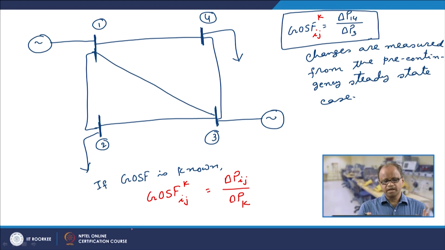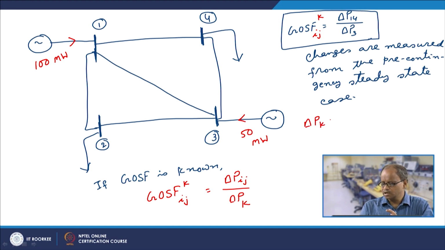Now, just take an example. Suppose this particular generator has been generating 100 megawatt, and this particular generator has been generating 50 megawatt in the steady state. Now if this particular generator goes out, what will happen? This generator would not give any power.